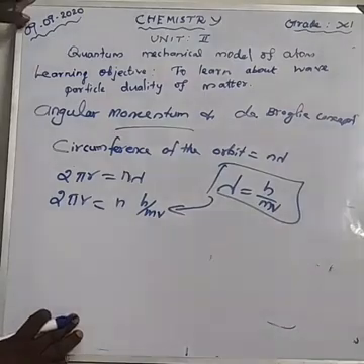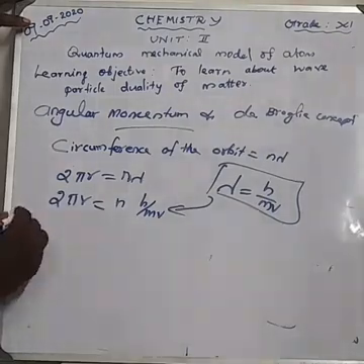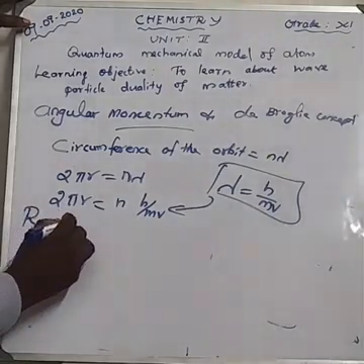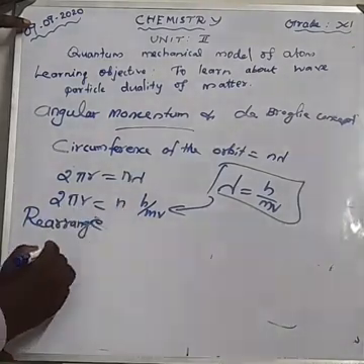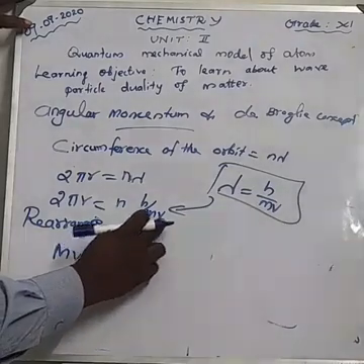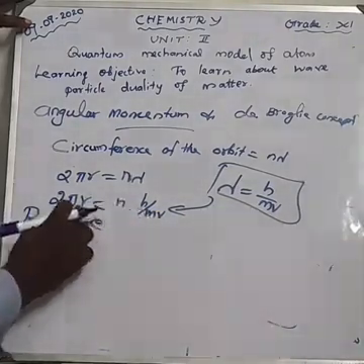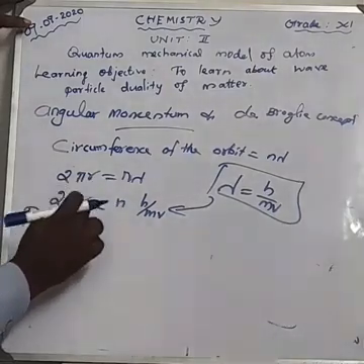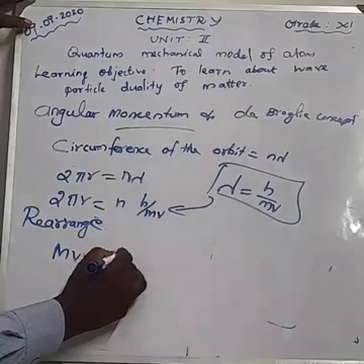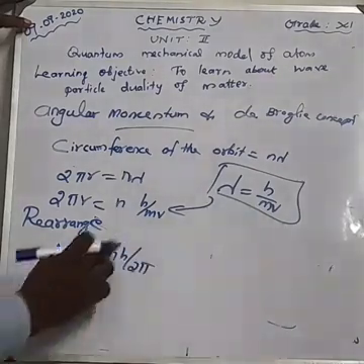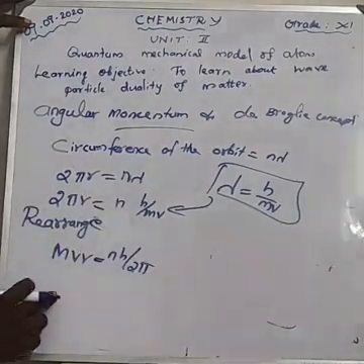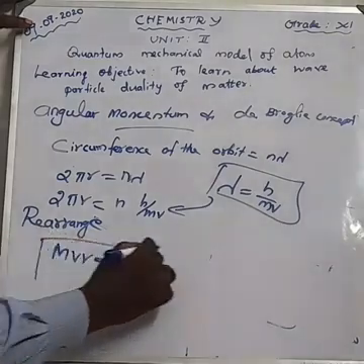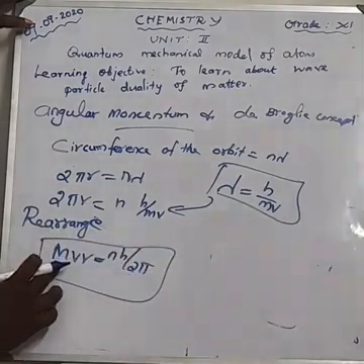Then on rearranging the above equation, we get mv into r is equal to nh by 2 pi. Clear? This is what? An angular momentum. mvr is the angular momentum.